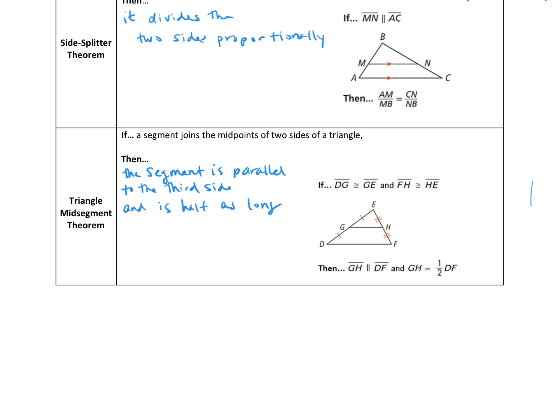So in the picture, we have a triangle, and G is a midpoint, H is a midpoint, and a segment is joining those two midpoints. This segment will be parallel to the third side, and it also is going to be half as long as that third side.